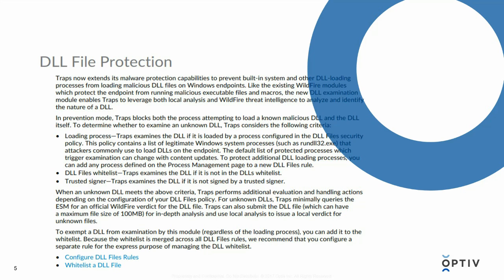To exempt a DLL from examination by this module, you can add it to a whitelist. That whitelist will get merged across all DLL file rules so that we can whitelist some specific DLLs.